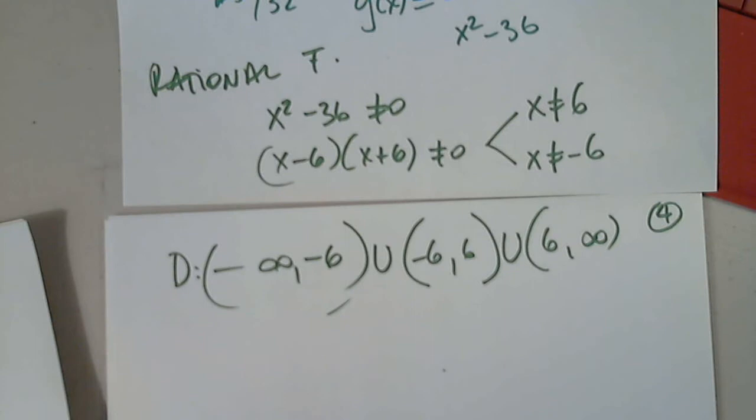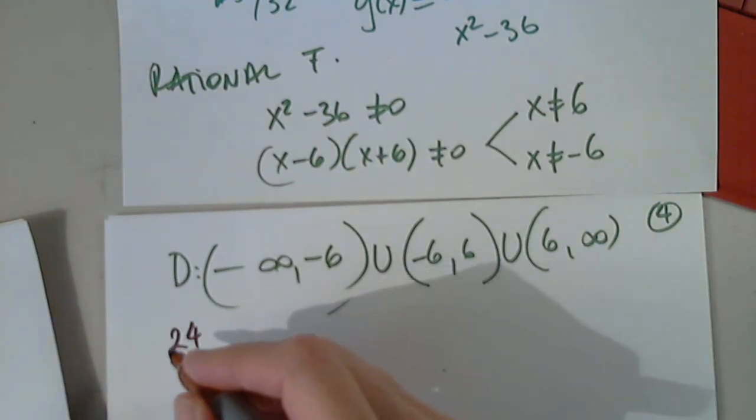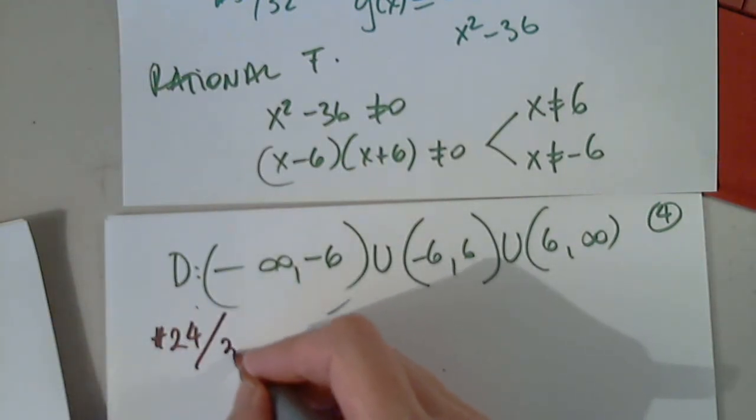So they want to find x such that f of x is 2, and domain and range, and f of 1 for all of them. Okay, since you're not cooperating really with me today, I'm going to look at 24 on page 32.